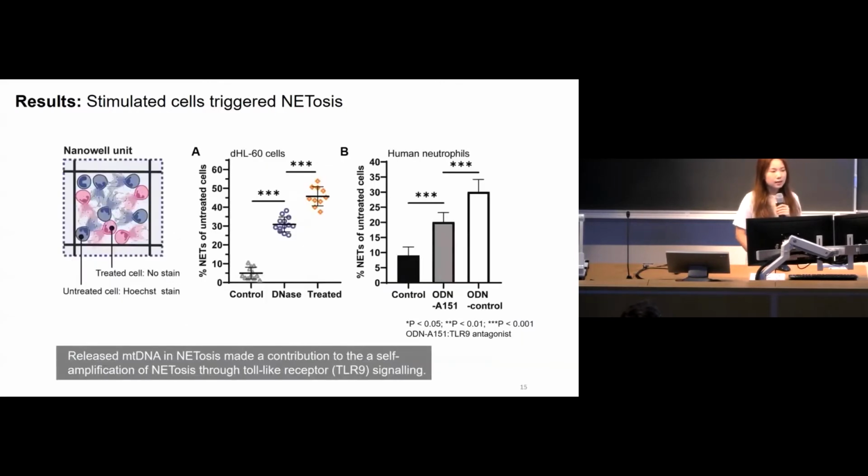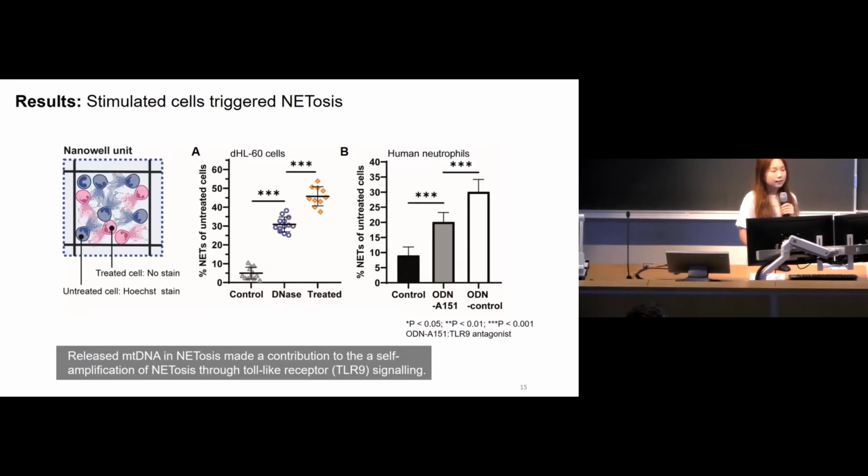And to further study these self-produced signals, we investigate the impact of NETs released by stimulated cells. Since the main component of NET is DNA, we use DNase to try to digest the NETs. And for the group treated with DNase here, it showed reduced NET level of untreated cells.